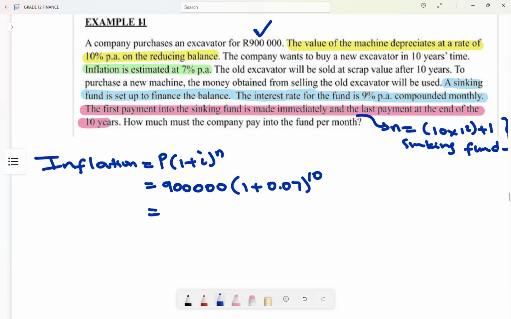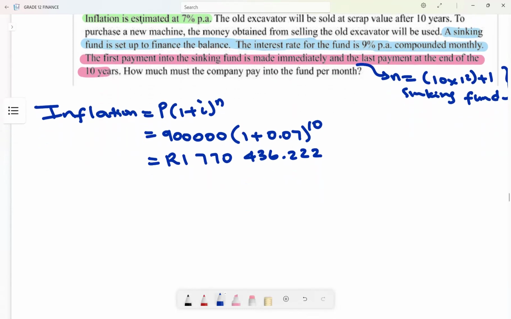Then I use my calculator and confirm how much I get. 900,000 times 1 plus 0.07 to the power of 10. It will cost 1,770,436,222.